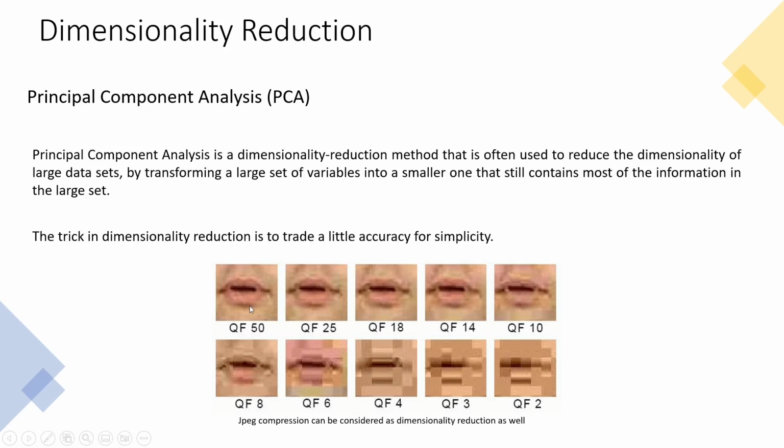Okay, you can think of this as compression ratio. If you give a high compression ratio such as this one, the image quality decreases, so we trade a little accuracy for simplicity, but the image size is smaller. Okay, that's the basic principle of principal component analysis.